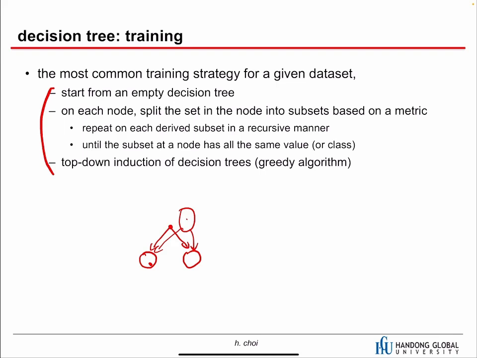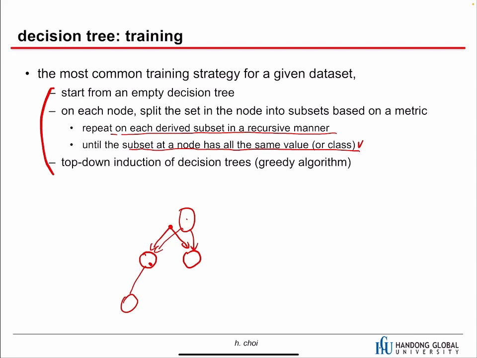We have to repeat on each derived subset in a recursive manner until the subset at the node has all the same value or class. So we keep doing this until this subset has the same class. In this subset, all the samples have the same class, then this subset is pure, is clean.